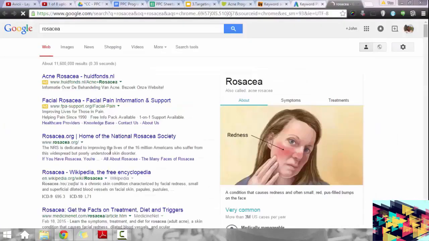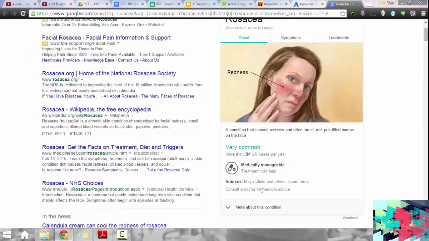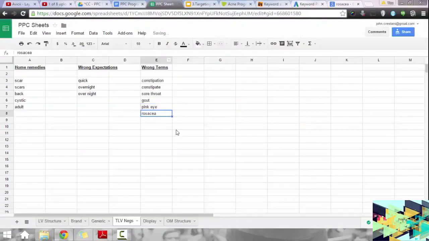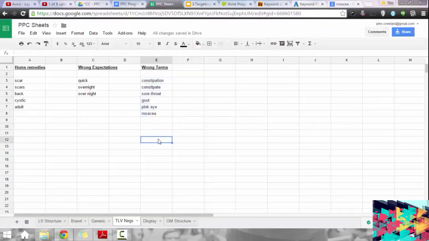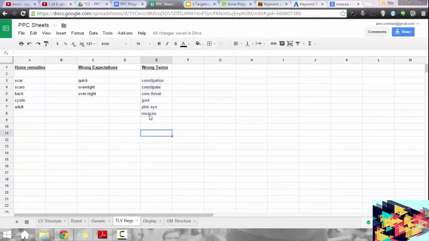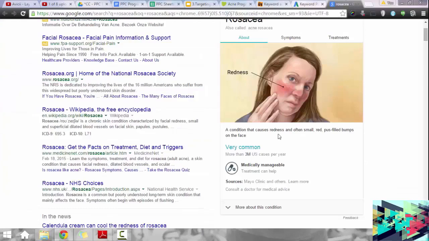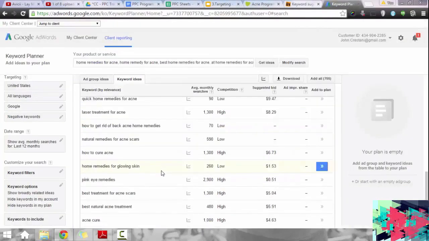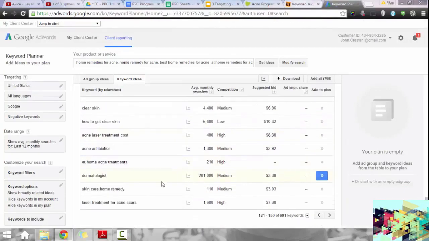If you don't know what something is, I would just suggest you Google it, of course. Rosacea is redness. So maybe this is not the same as acne. So what I would do in this case is use this as a negative term that I would add in. And let's see if there are any other things similar to that.